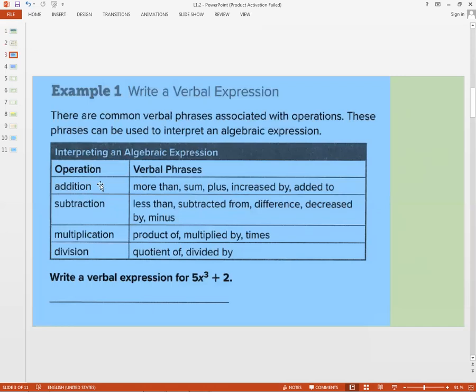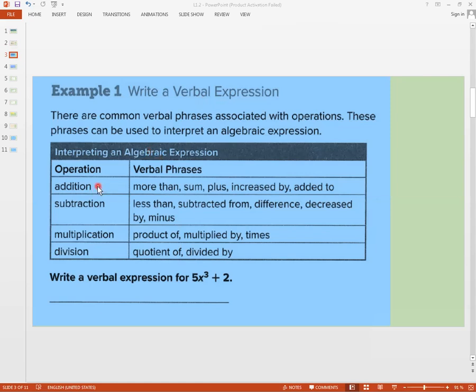When you see addition, when should I write plus? When should I write subtraction? I'll give you a verbal expression, and ask you to make it a math expression, okay?